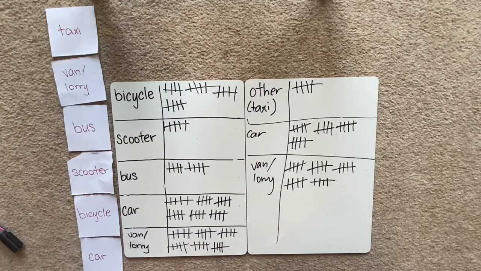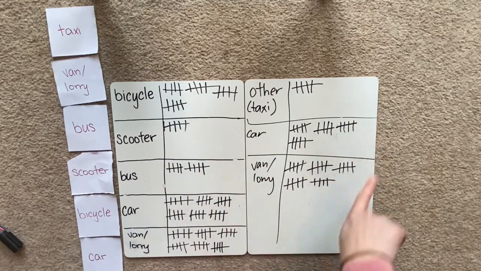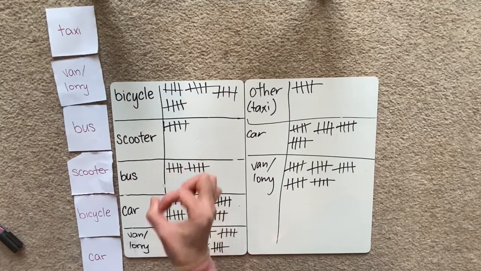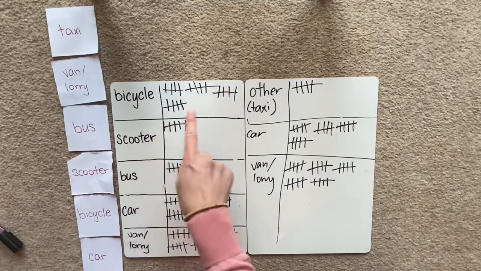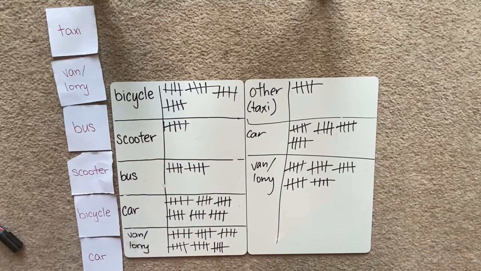What problem are we going to run into with our tallies if we were to do one dot for each different transportation type? If you said that there are too many, then you're absolutely right. Look at how many vans and lorries I saw.